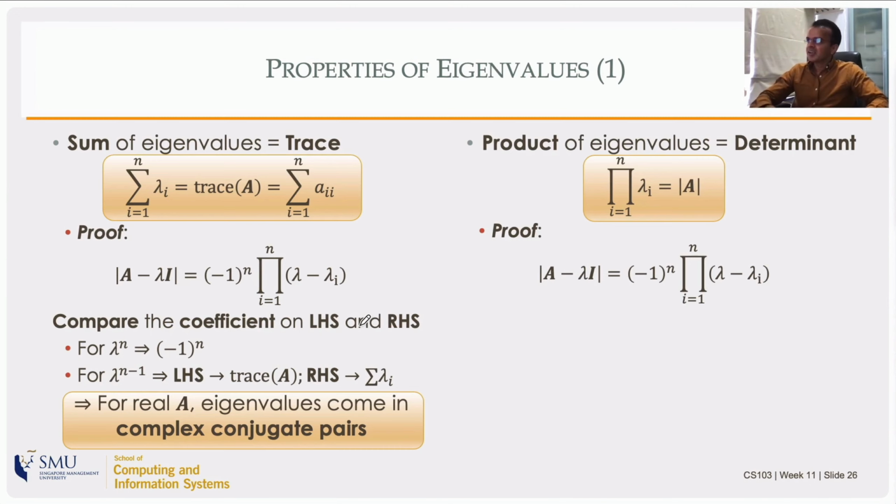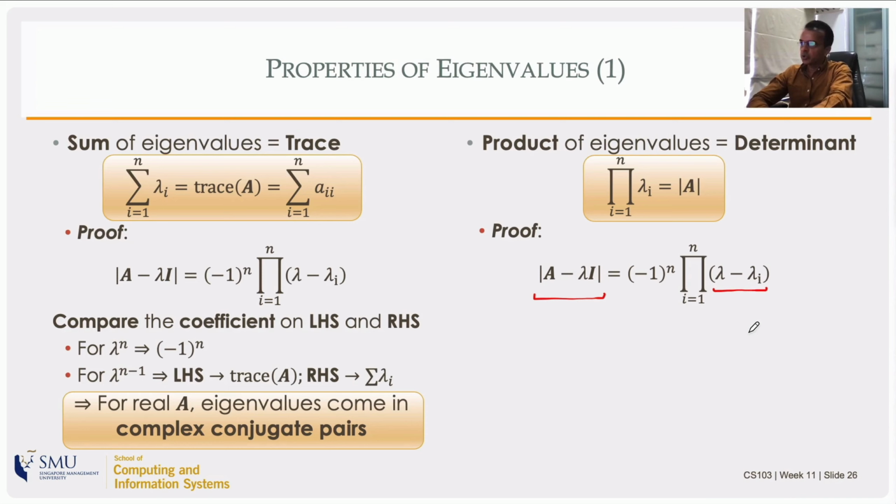The second property is also interesting, but easier to prove. The product of the eigenvalues is the determinant of the matrix. And again, that goes back to the same statement here. The characteristic polynomial on the left hand side is the determinant of A minus lambda I. On the right hand side, I'm just expanding it in terms of the roots.